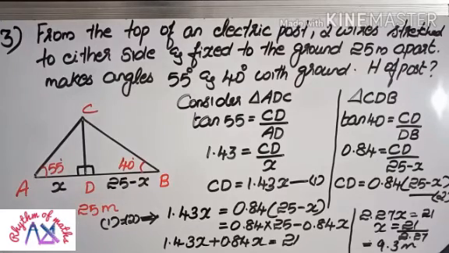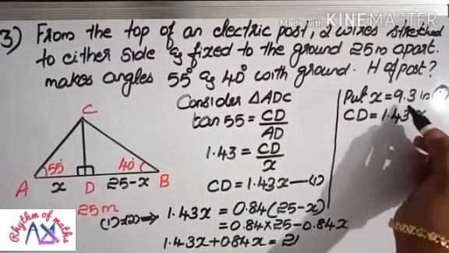Now what do we do after getting x? We need to find the height of the post, that means CD. In order to find CD, apply x equals 9.3 in the first equation or the second equation. The first equation is better because it is simple.